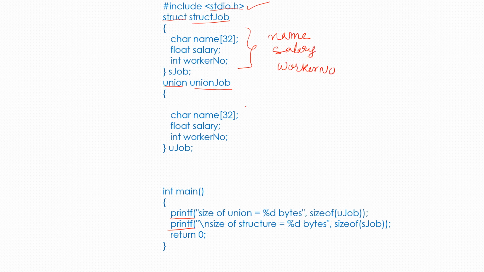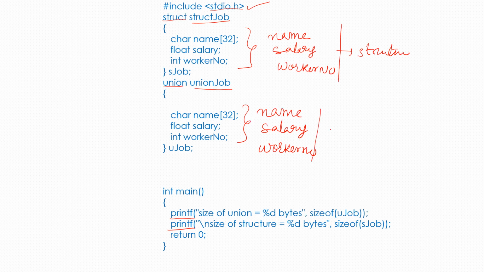And in case of union, the variables are name, salary and worker number. So remember, this is called a structure, and this is called a union.